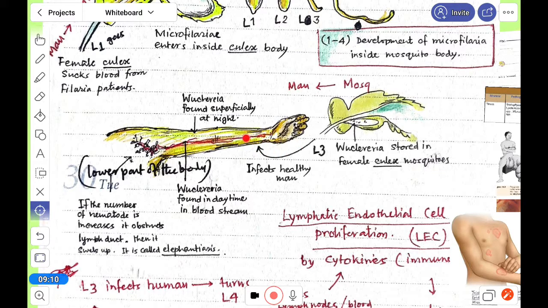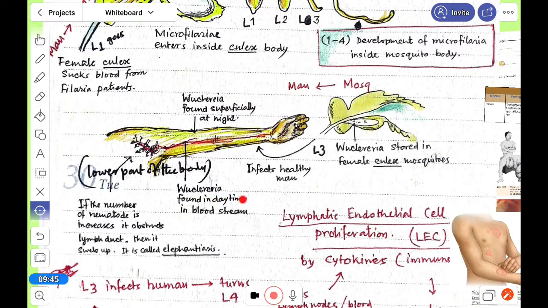L3 enters inside, and after that it converts into the L4 stage, and it goes to the lymphatic nodes, and here it swells up these areas, so that one permanent swelling is there in filariasis, which is also known as elephantiasis. The number of nematodes increases in the lymphatic node, and it swells up.